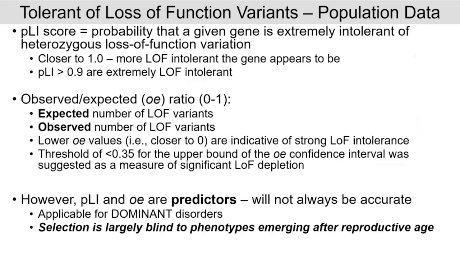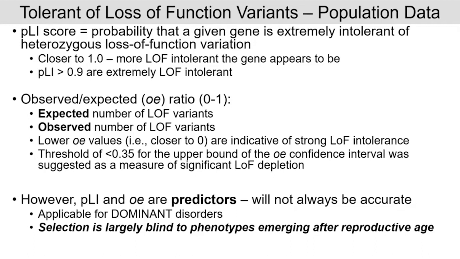However, this curation is not available for all genes yet, so there could be times you need to look elsewhere to determine if loss of function is a disease mechanism. One way is to look at population databases to determine if this criteria could be met. So gnomAD and ExAC calculate this pLI score, which is the probability that a given gene is extremely intolerant of loss of function.